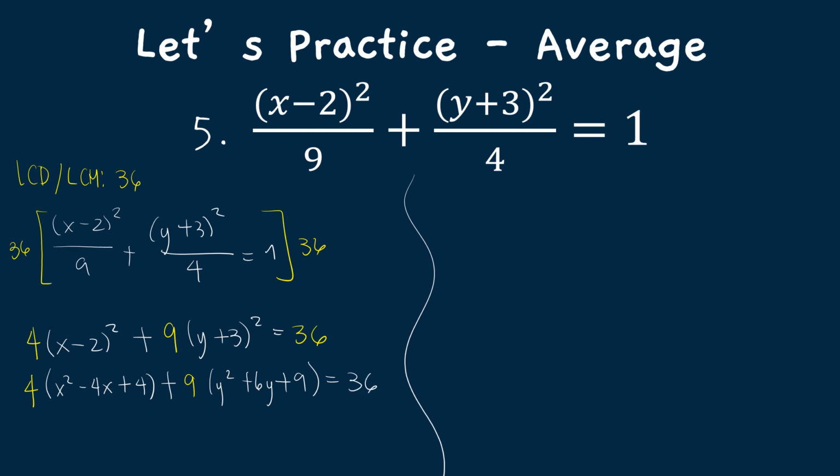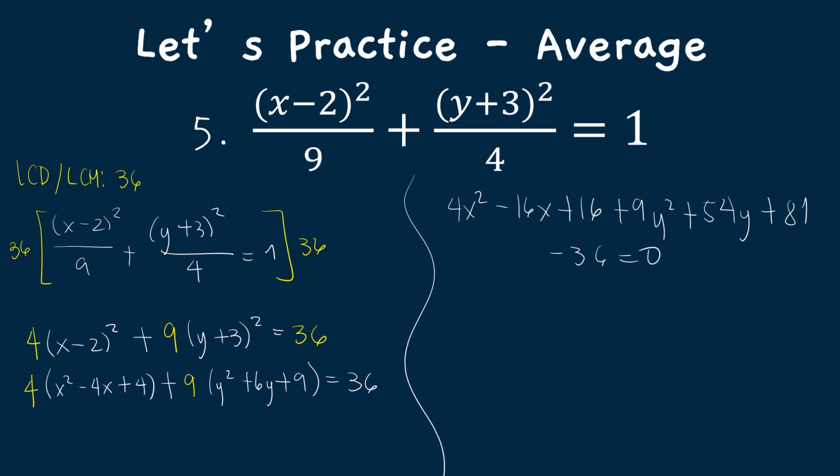Okay, so again, distribute that 4 and 9. So it will result into 4x squared minus 16x plus 16. And then distribute 9, y squared plus, so you multiply 9 and 6. So we will have 54y plus 81. Then you can now transpose 36 on the left side. That's minus 36 is equal to 0.